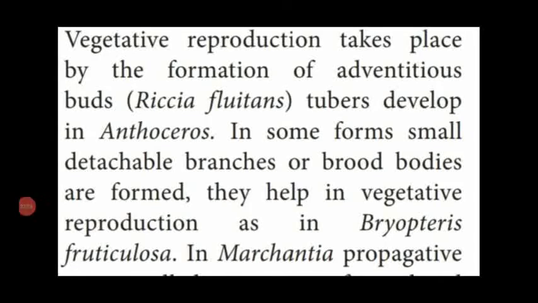Dear students, next point is vegetative reproduction. It takes place by the formation of adventitious buds. Adventitious buds means that on any surface or region of the plant body, a small bud-like structure is produced, known as adventitious buds, as in Riccia fluitans, and the tuber-like structure developed in Anthoceros. Tubers store the food material.